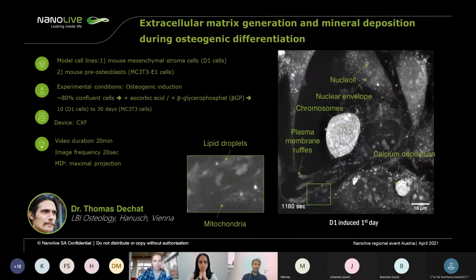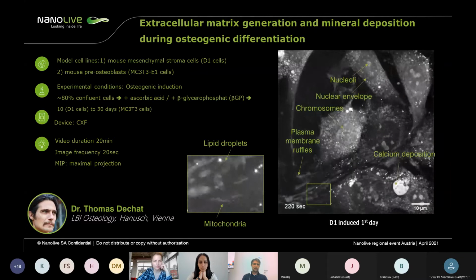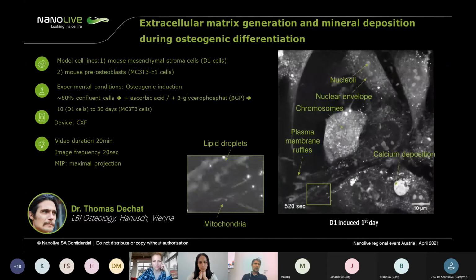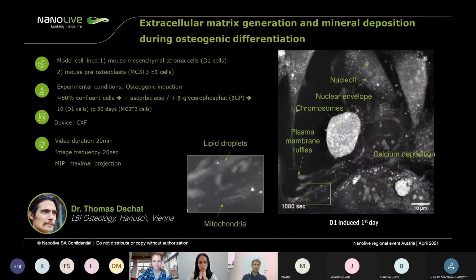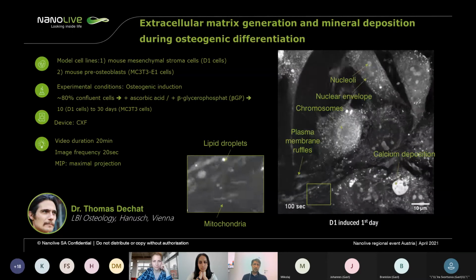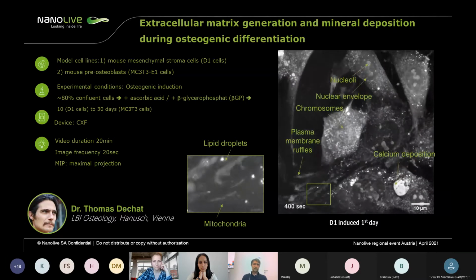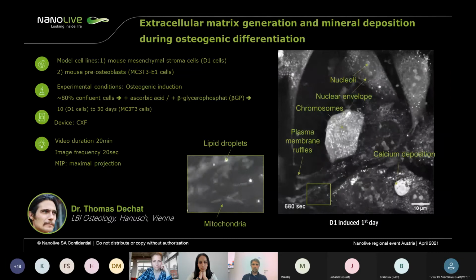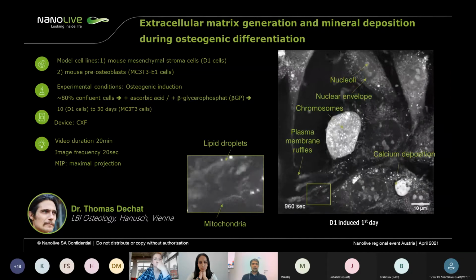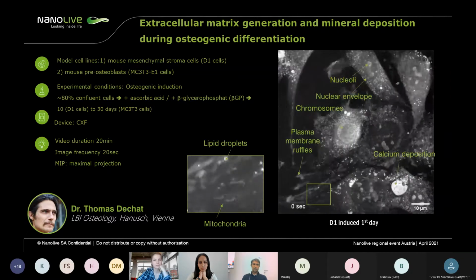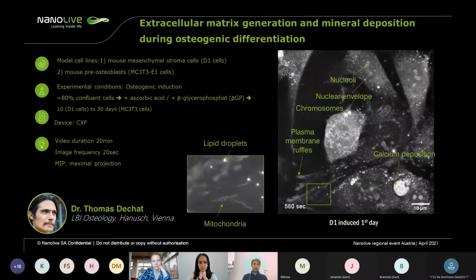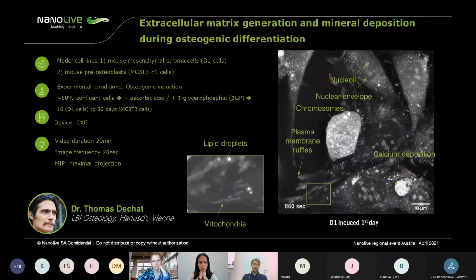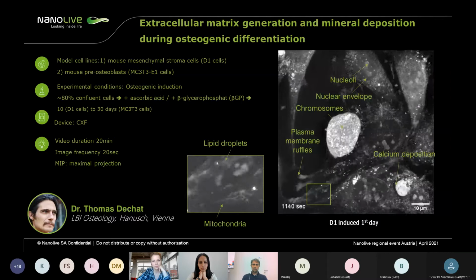The experimental condition is that you let the cells grow until they are about 80 to 85% confluent. Then you add ascorbic acid and beta-glycerophosphate to induce differentiation. In 10 to 30 days, depending on the cell line, you end up with cells which have produced an extracellular matrix and have deposited minerals.